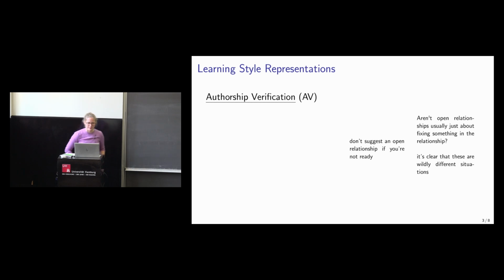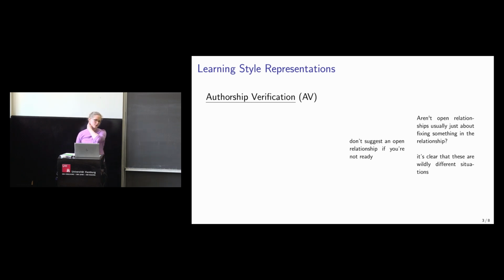And this might look something like the three sentences you have here. So you have, don't suggest an open relationship if you're not ready, on the left side here, and then two other sentences. Aren't open relationships usually just about fixing something in the relationship, or, it's clear that these are widely different situations, right? And now I could ask you, two of them were written by the same person.